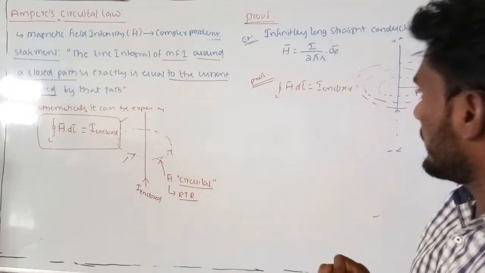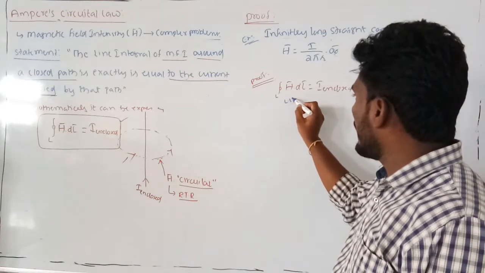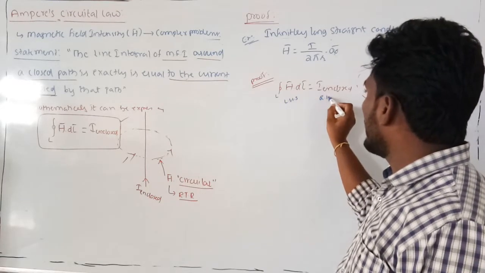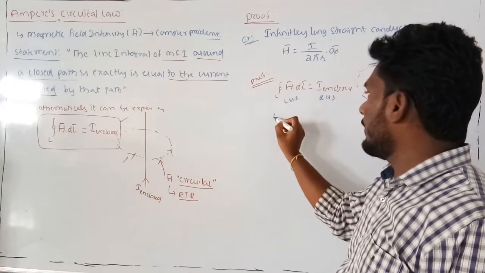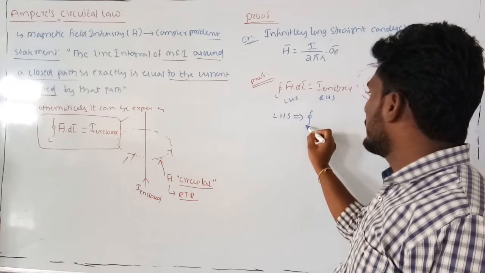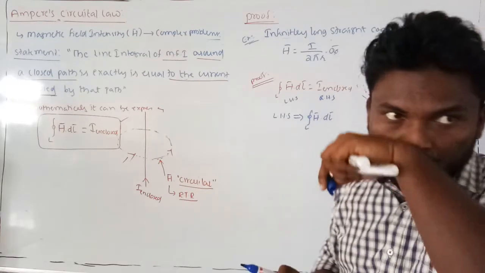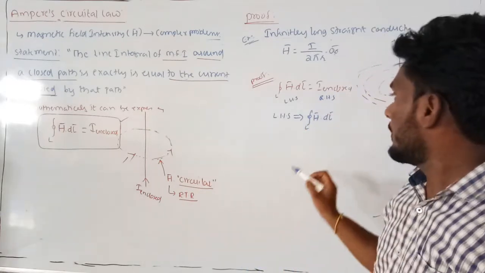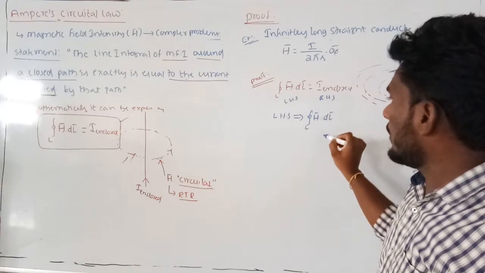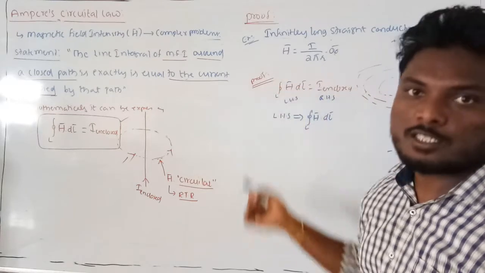Here, this is the left-hand side and this is the right-hand side. I am taking the left-hand side, the line integration of H bar dot dl bar. By taking the left-hand side, I will show it is equal to the right-hand side. Hence it is proved.